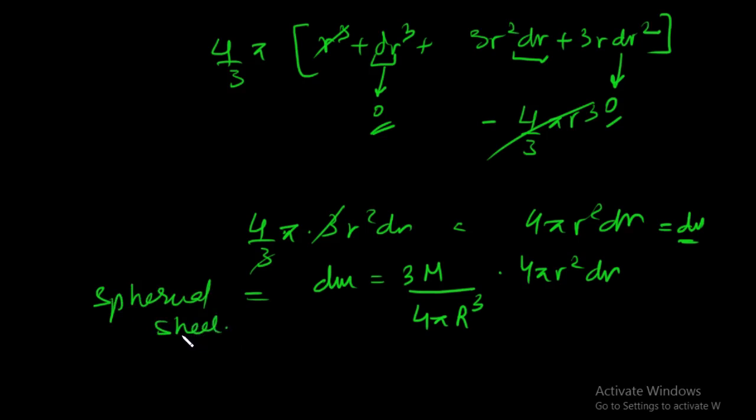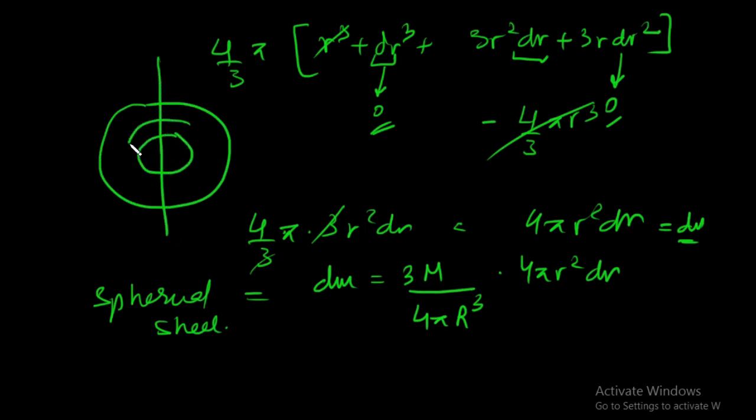Now I am redrawing the figure. This was the axis, this was the spherical shell. I want to calculate the differential moment of inertia for this spherical shell. This is the radius r. The spherical shell is at a distance r from the axis. So dI would be equal to dm times r square.